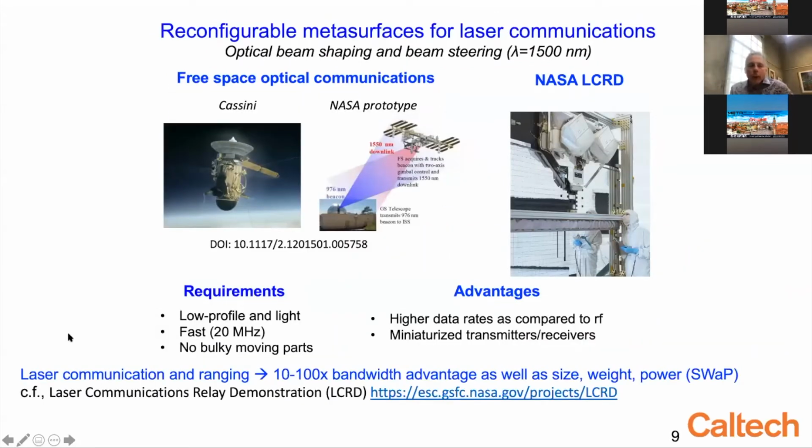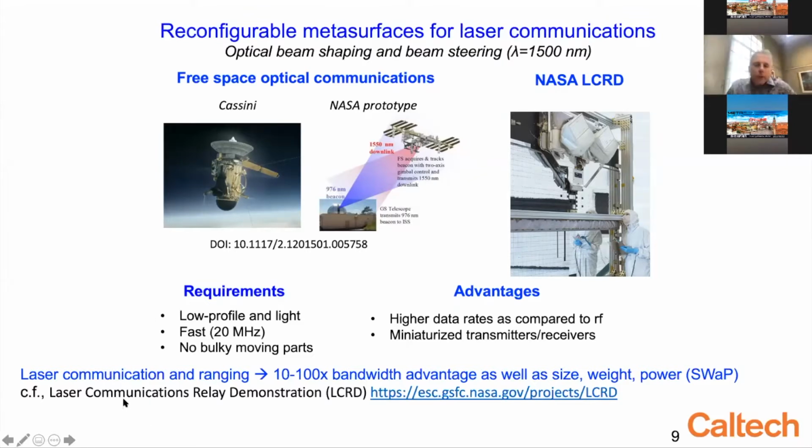So another important near-term application that's important to people that are interested in space technology is to replace the bulky RF apertures that are currently the mainstay of space communications. So for example, here you can see the size of the RF aperture on the Cassini spacecraft, and you can see that the RF aperture is comparable in size to the entire spacecraft. And that's because, of course, of the intrinsic limitations of the wavelength at RF frequencies.